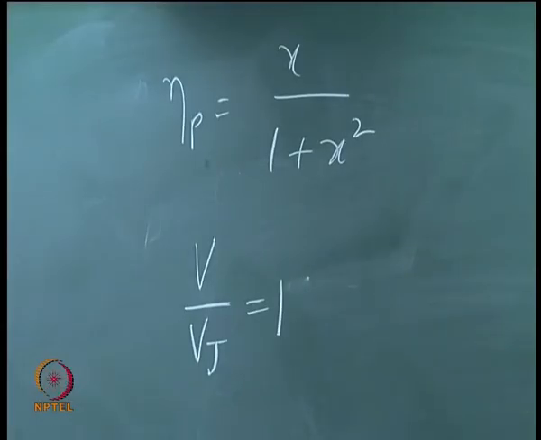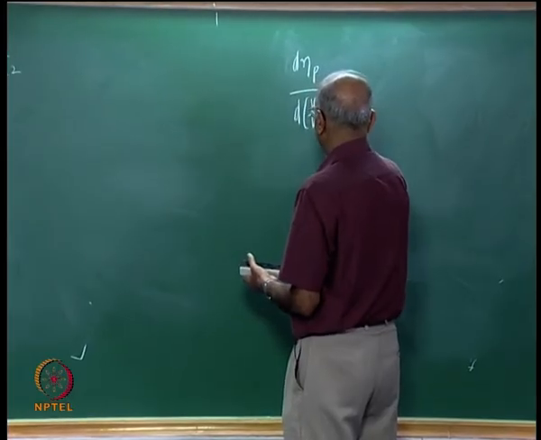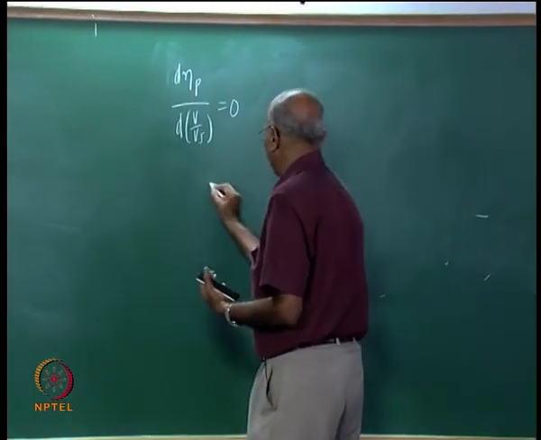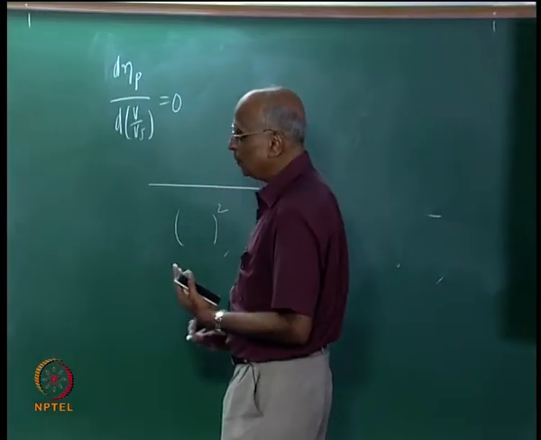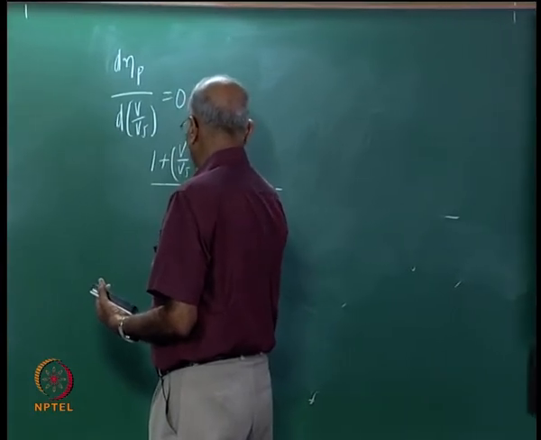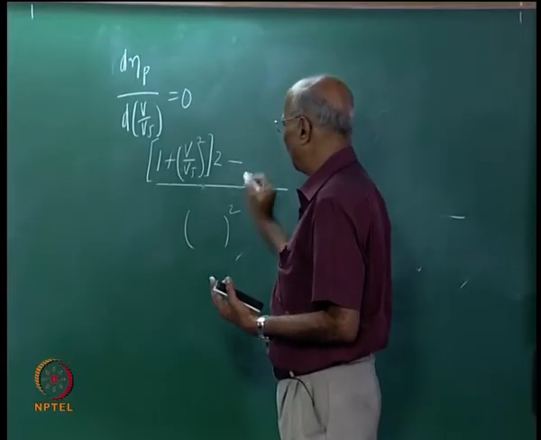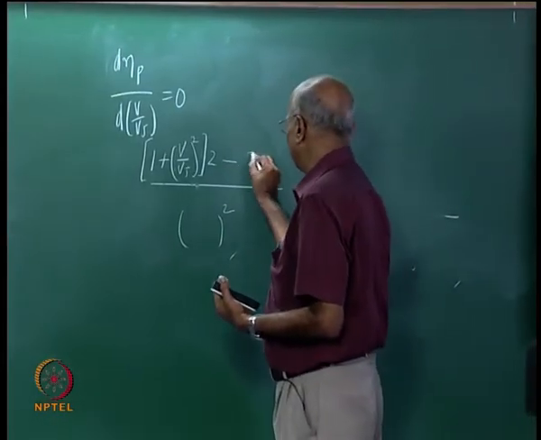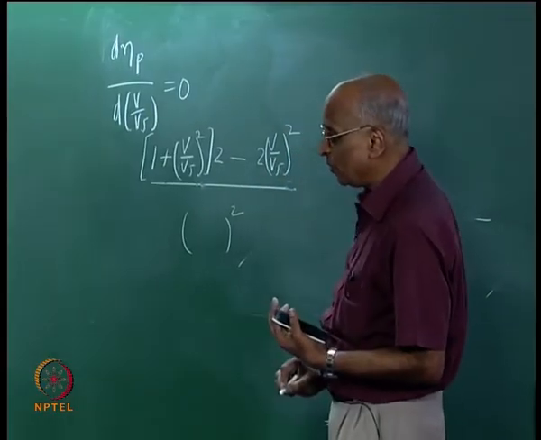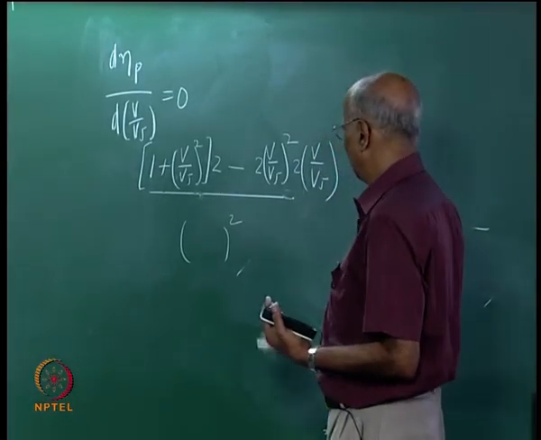Let's do that exercise. d eta p by d of V by Vj must be equal to 0 to give me the maxima, and for that you would say: denominator square into, denominator 1 plus V by Vj square, into differential of numerator 2, minus numerator into differential of denominator 2 of V by Vj, and this must be equal to 0.